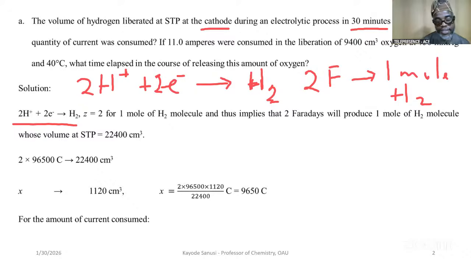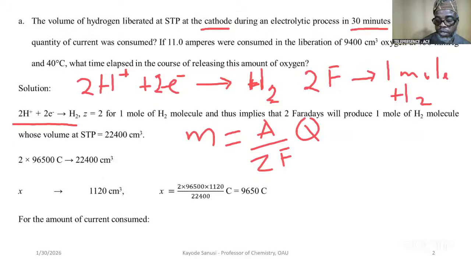So knowing that, we can then write this simply as M over A equals Q over ZF. So this is the equation arising from the first law of Faraday, okay? Now that we have been told the volume produced, we can always determine the current, that is the quantity of current that was required.